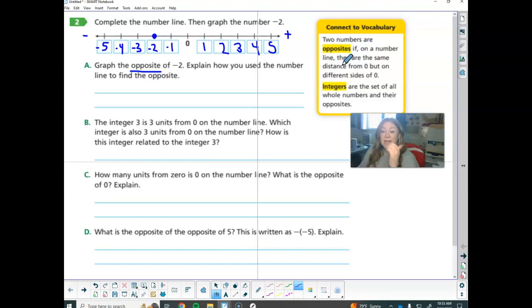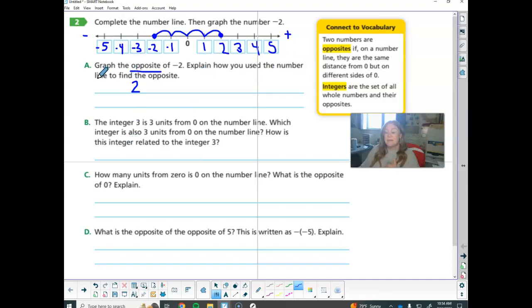An opposite, right, is the same distance, but on the opposite side of 0. So we had to go 2 units to get here. So the opposite, we need to go 2 in the other direction, puts us at 2. So the opposite of negative 2 is 2.